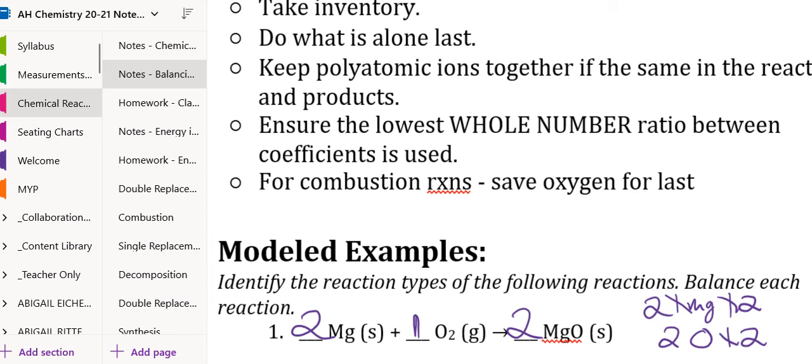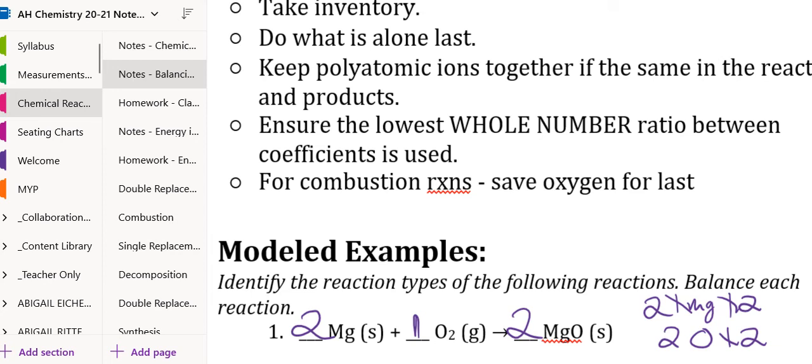The second one, which could potentially be more problematic, is it's fairly common to see a question that asks you for the sum of the coefficients that balance a reaction, okay? So what's the sum of the coefficients that balance this reaction? 5.